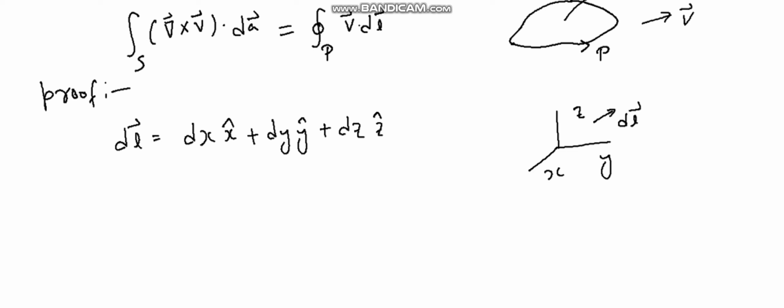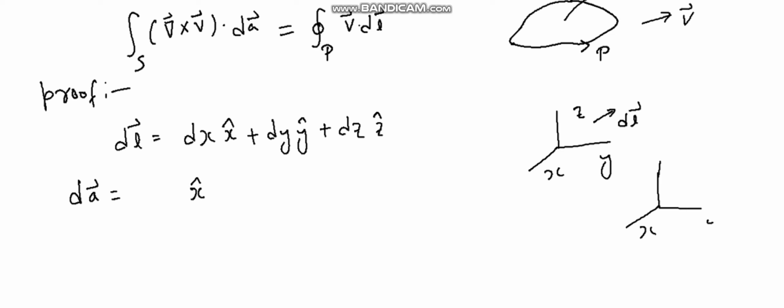Similarly, the infinitesimal area vector can also be written in terms of three components. The first component is along the x cap direction.